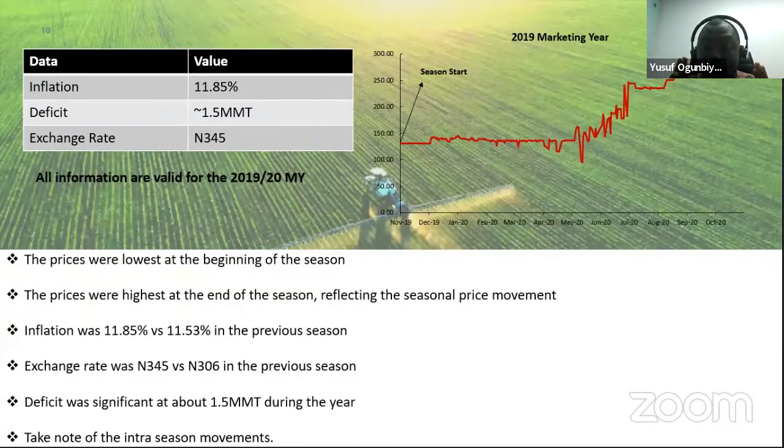So if you then look at what happened in 2019-2020, you would see that the season started at this price around, and this is our index here in FX Commodities Exchange. This captures the maize index, right? Season started at around 120, 130, 135, if I'm not mistaken.